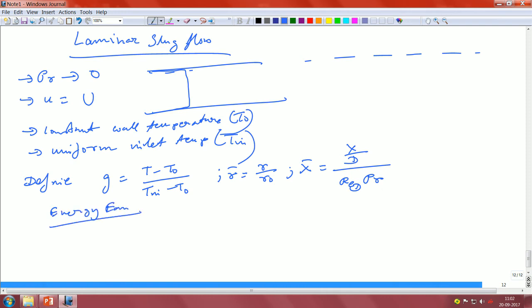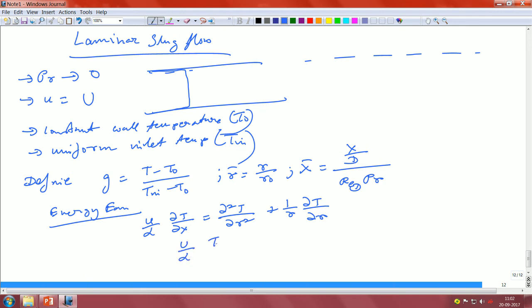So the energy equation, d squared T by dr squared plus 1 over r dT by dr, right. This part of the equation is still the same, okay, whatever you do.